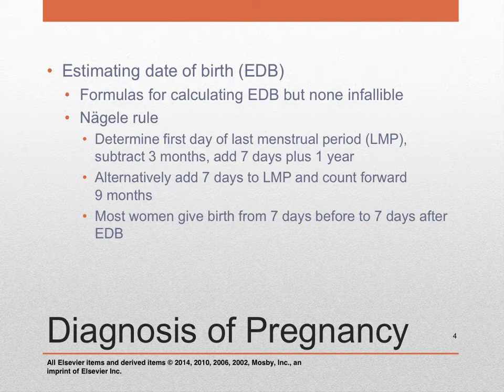There's an alternative method of calculating Nagel's rule, which is adding 7 days to the last menstrual period and counting forward 9 months. Most places you will see it as the first day of the last menstrual period, subtract 3 months, add 7 days, plus a year.